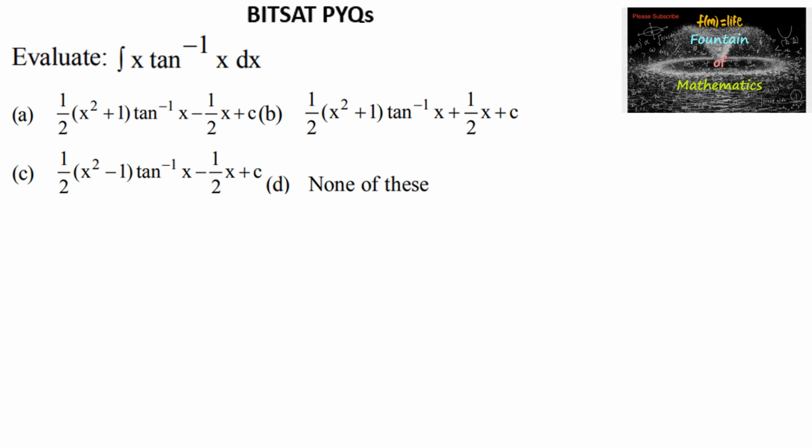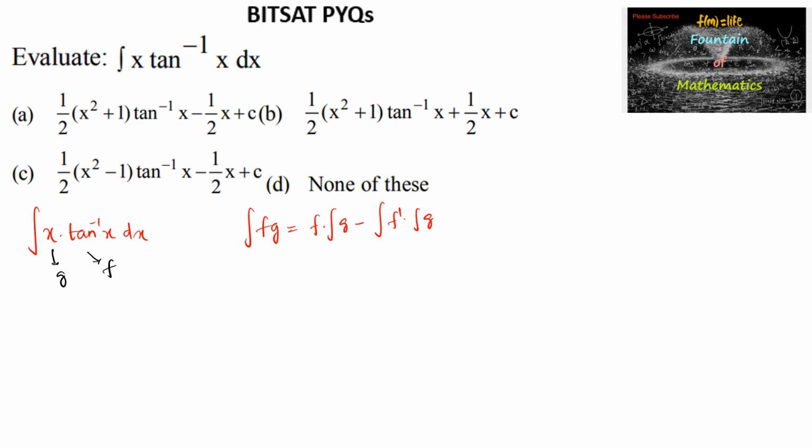Evaluate the integral of x into tan inverse x dx. So let us apply integration by parts. Taking the inverse function as the first function and the algebraic function as the second function. And we know the integration of fg is equal to f into the integration of g minus the integral of f dash into the integral of g.